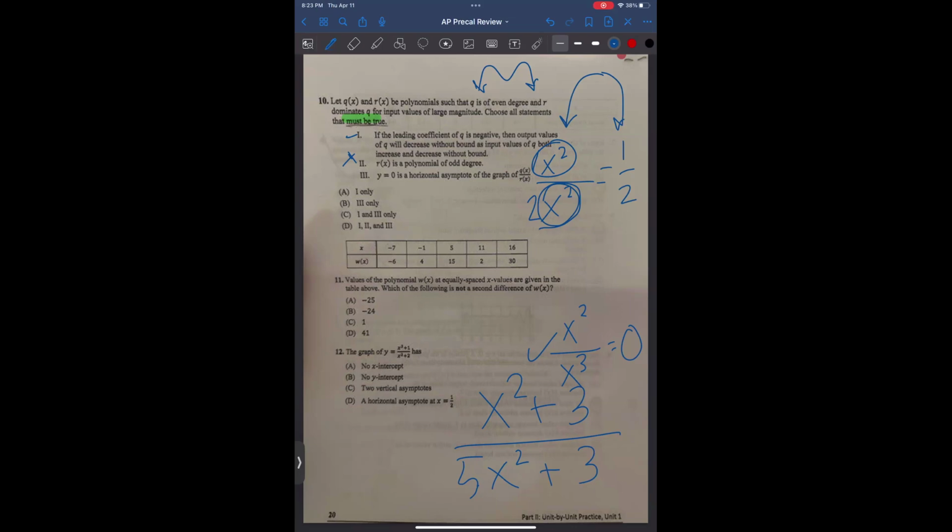Yeah. And would I have a horizontal asymptote at something other than 0? Yes. So what is the only thing that must be true about the information that they gave me? This is 1. Just one. One is the only one that I can say absolutely has to be true based on what they tell me. They don't give me enough information for me to determine the other two things.